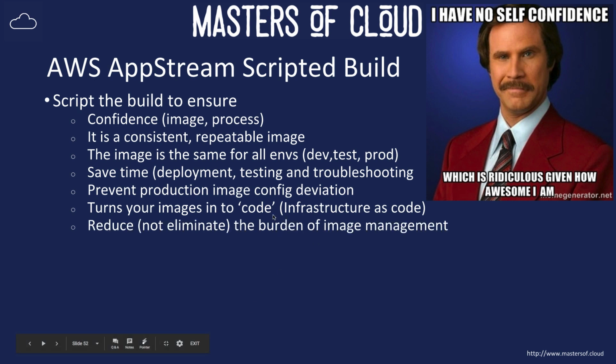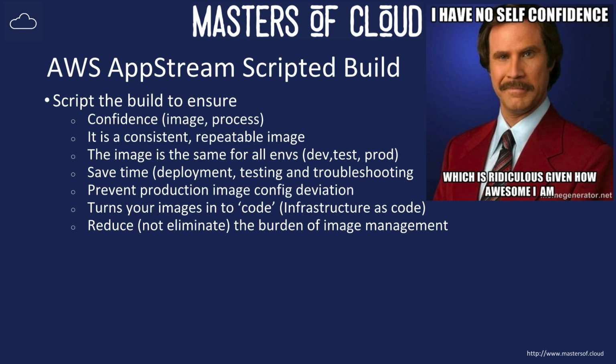We can reduce but not eliminate the burden of image management. In some instances, you may find that you need to have multiple separate images in AWS AppStream because of conflicts, application versions, Internet Explorer versions, security or whatever that might be.